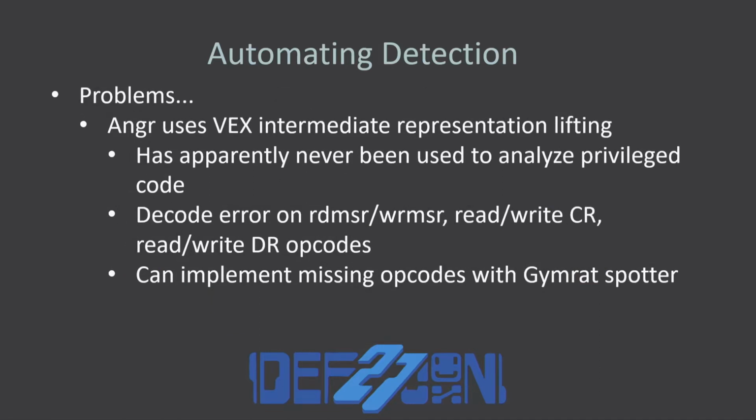There are some problems with this. angr is based on VEX, which was part of Valgrind, so it was all user space applications. And as far as we can tell, it was never used to analyze privileged code because it literally has decode errors when it runs into some of these privileged opcodes. The instruction lifter lifts into an intermediate representation, and that part of the code runs into a decode error and doesn't know what to do.